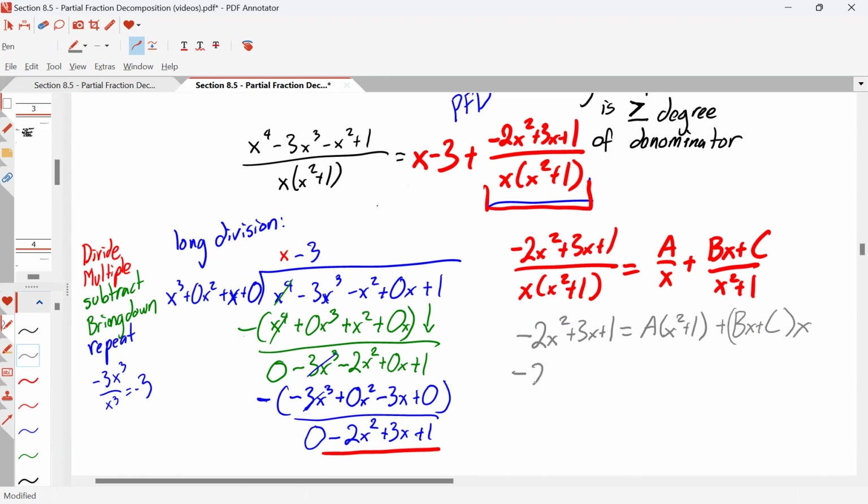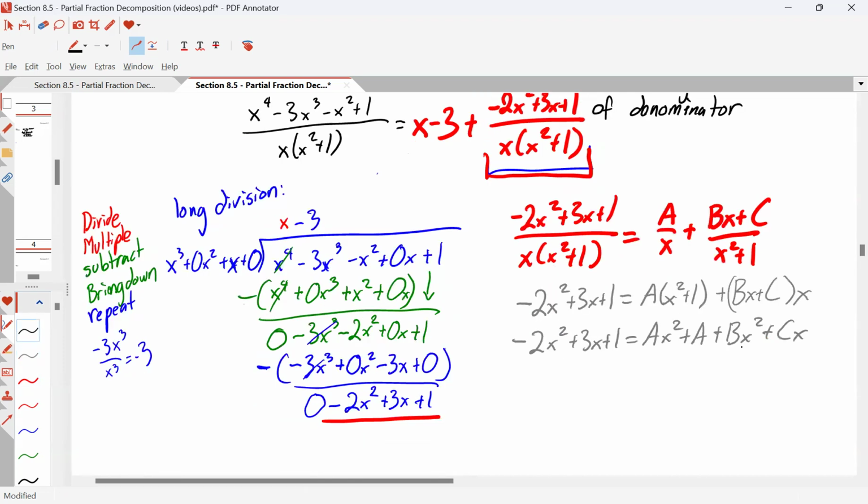Multiplying all that out, negative 2x squared plus 3x plus 1 is equal to Ax squared plus A plus Bx squared plus Cx. Setting up our equations, the x squared terms have to add together. So A plus B has to equal negative 2.